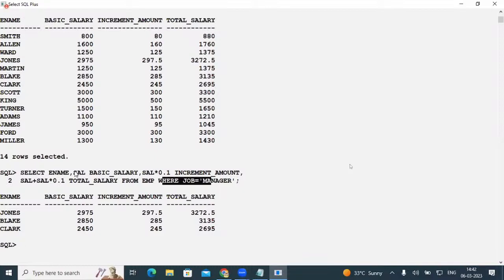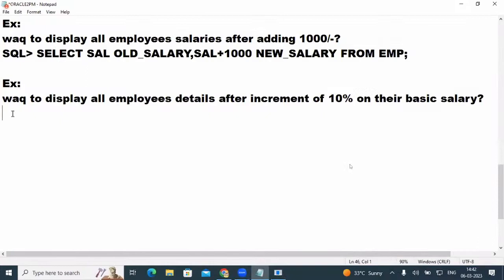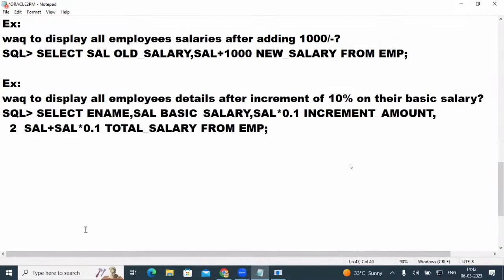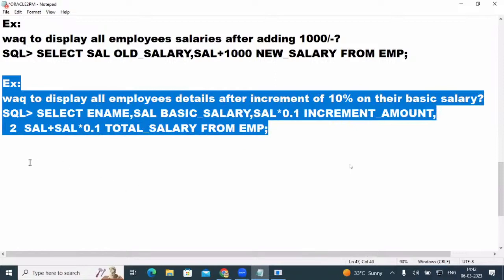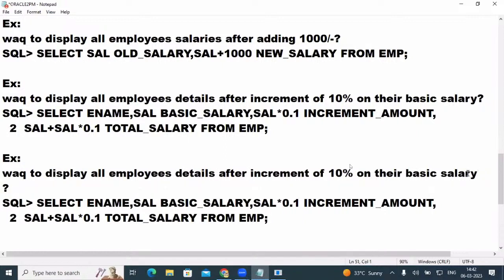Okay, now write down below these 2 examples. And one more question is: to display all employees' details after an increment of 10% on basic salary, and my question is, who are working as a manager.